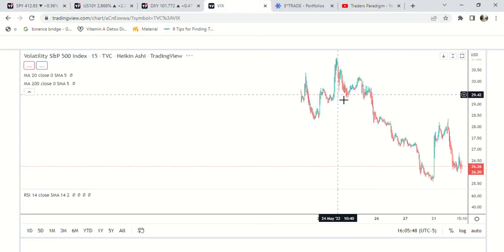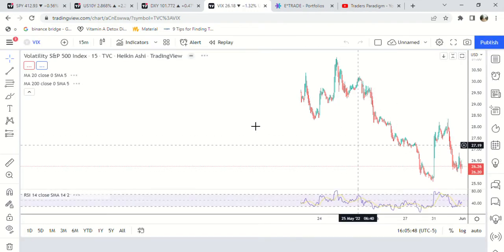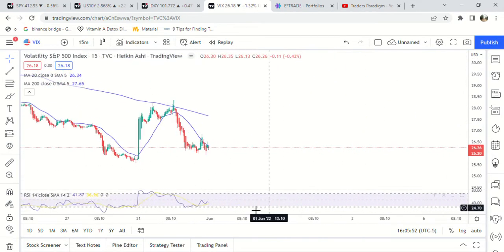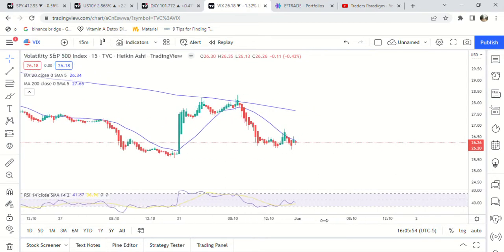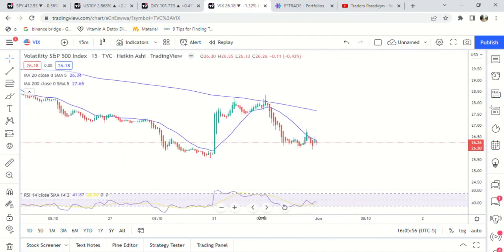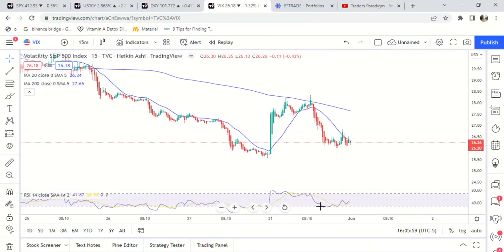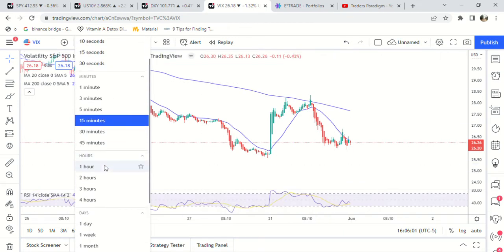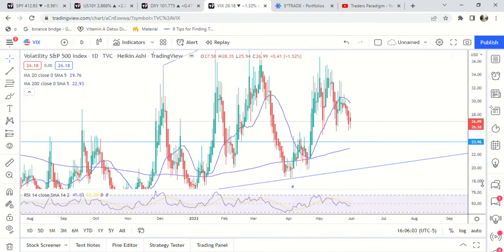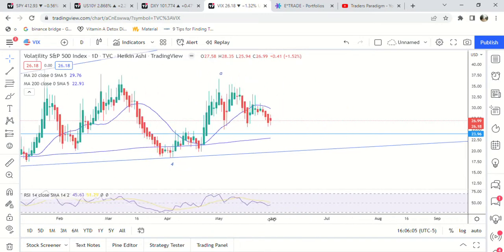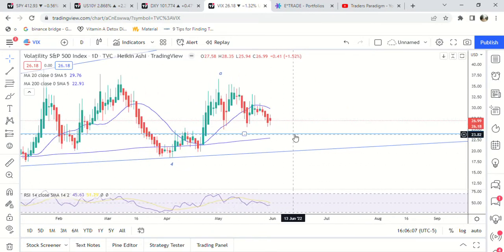And the VIX, we have, why are my indicators not showing up here? Weird. Okay, there it is. So on the daily, my target right now is 23.98.